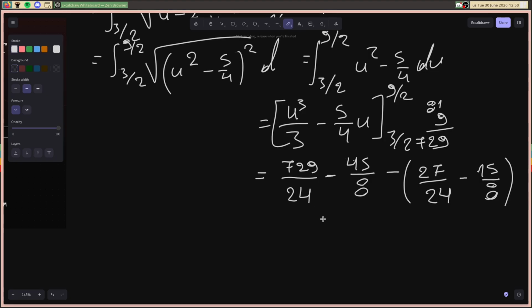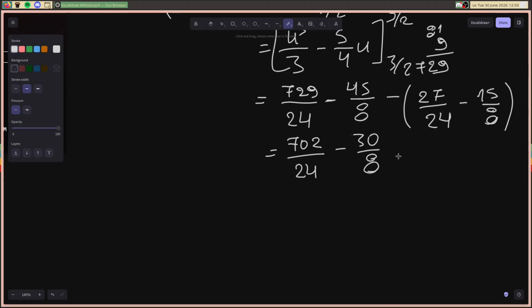So this finally evaluates to 7 to 9, so 702 over 24 minus 30 over 8, which, if we make a common denominator, is 702 minus 90 over 24, which is 612 over 24.